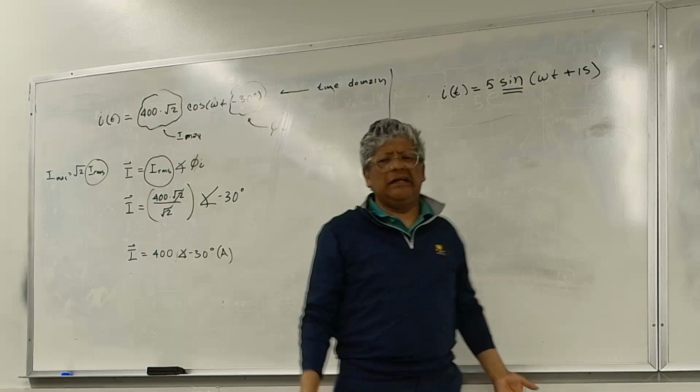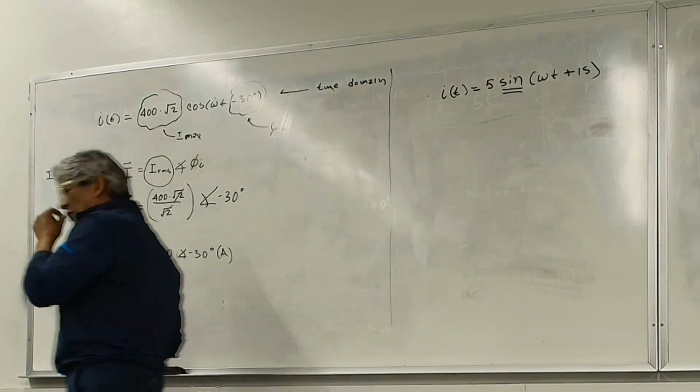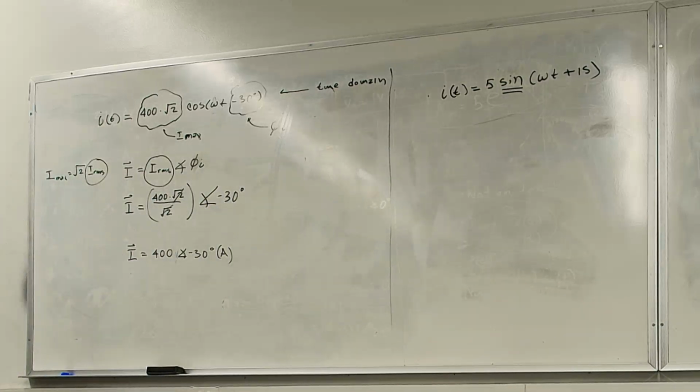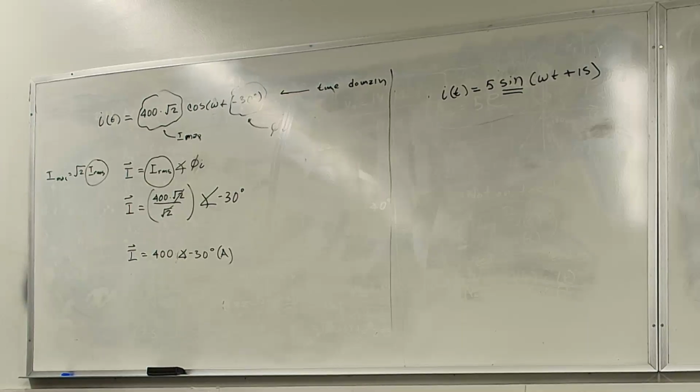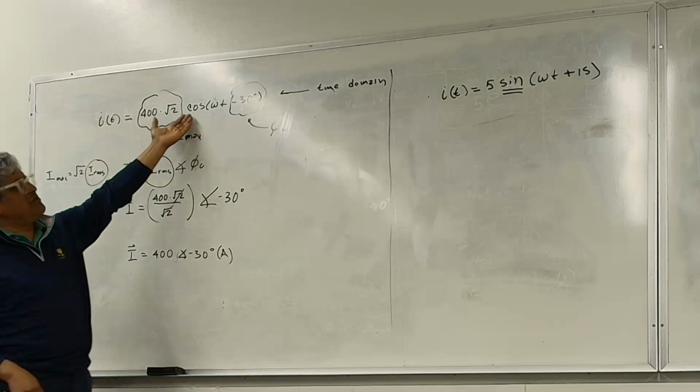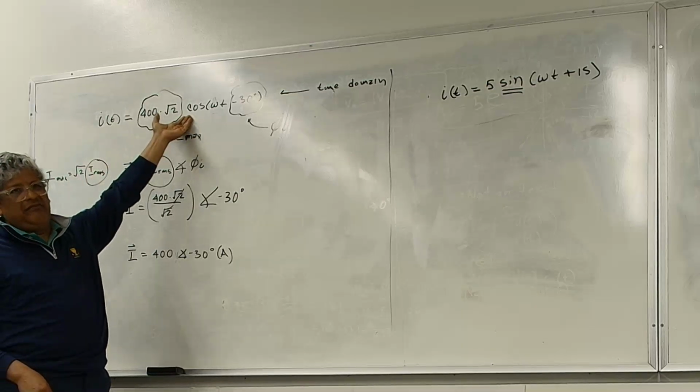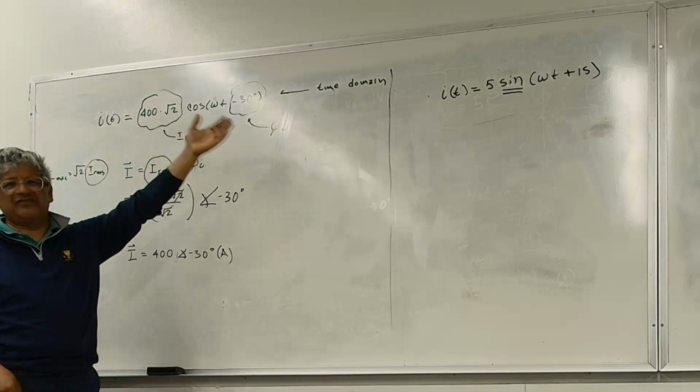No, it's not. There's nothing wrong with it. But I said at the very beginning when we were going through this, that by convention, so that we don't get confused, we decide to always use the cosine function instead of the sine function.